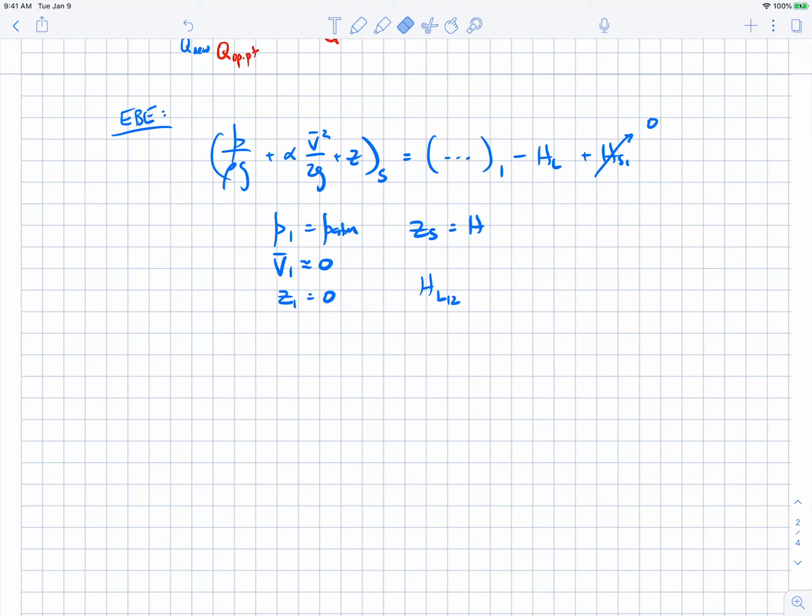Those should be 1S. Same here. So we'll have the major loss times L1 over D. We'll have the inlet loss. And then we'll have the elbow loss in terms of equivalent length.